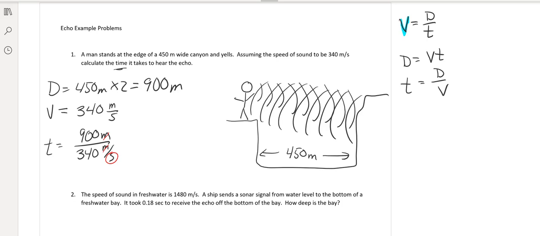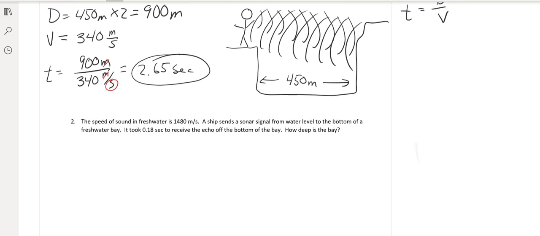And when you take 900 divided by 340, you will end up with 2.65 seconds. Once again, the key thing is knowing the relationship and the factor of 2. The factor of 2 is the common mistake people make.